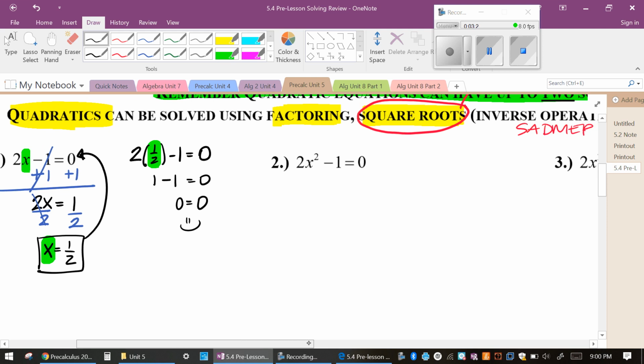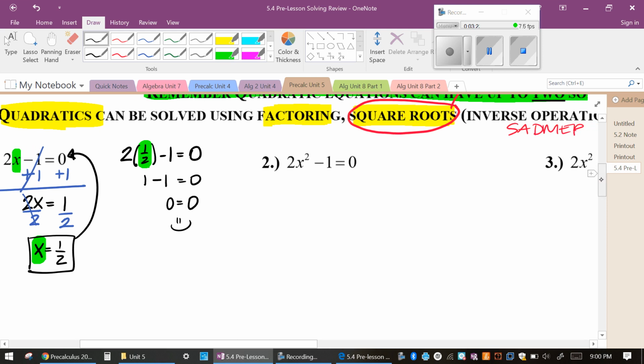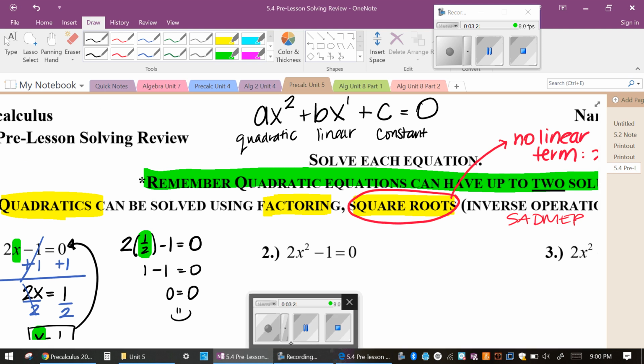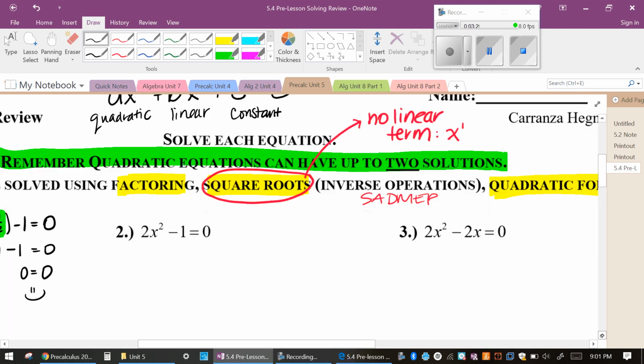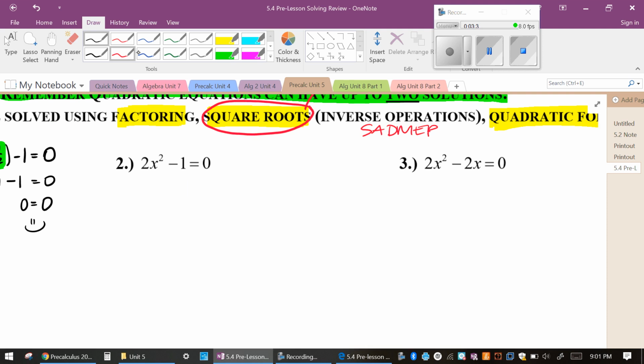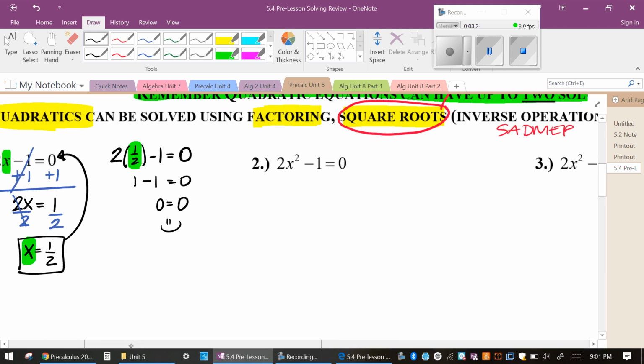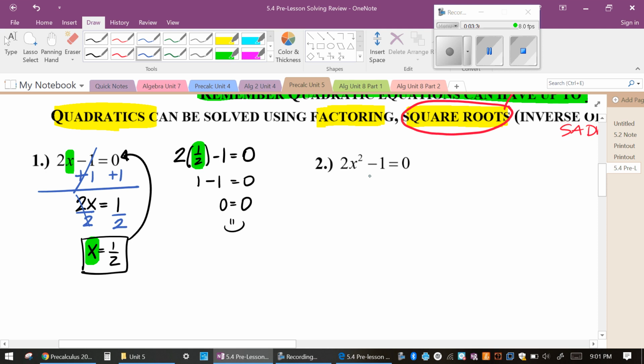Okay. Number 2. As I mentioned earlier, I use square roots, aka SADMEP, whenever there's no linear term. So number 2 does not have a linear term, so I'm going to solve it very similarly to number 1. I'm going to cancel addition and subtraction. This is called SADMEP, inverse order of operations.